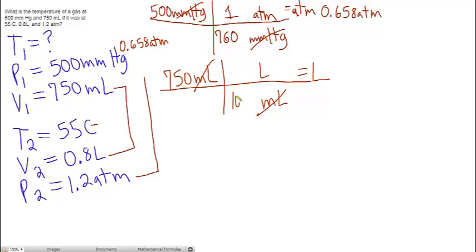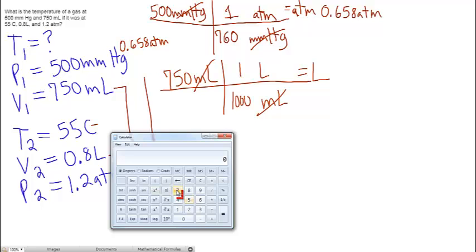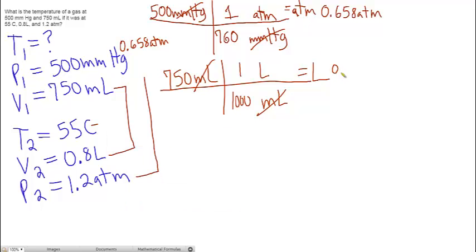For every 1,000 milliliters, there's 1 liter. 750 divided by 1,000 equals 0.75 liters. That means this 750 milliliters is 0.75 liters.